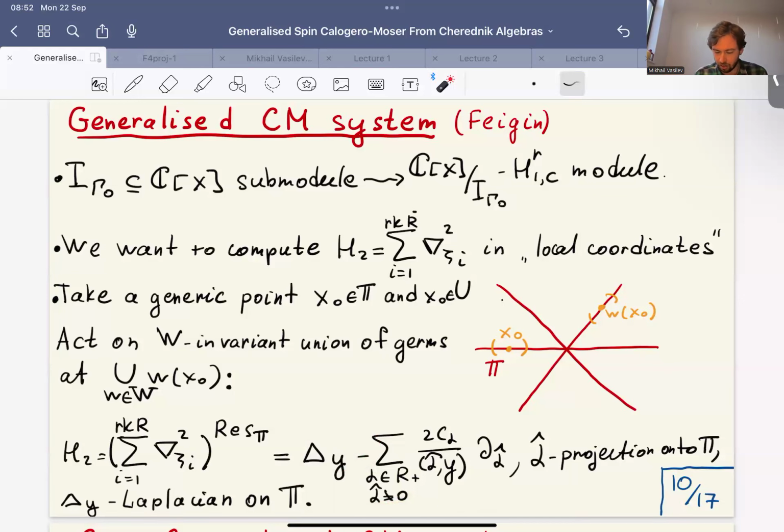Here y are coordinates on the plane pi, and alpha hats are orthogonal projections of roots onto the plane pi. So we take the root system, and where the root system lives, we have some plane pi, and then we project all the roots orthogonally. This is how we obtain this finite collection of vectors which are not root systems.